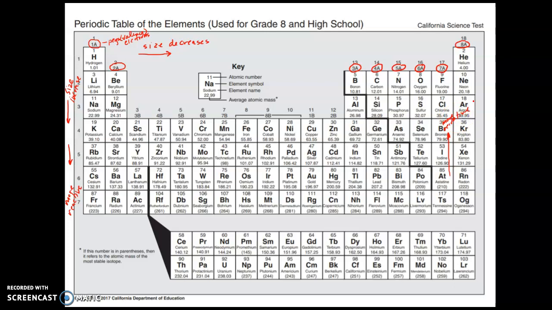Okay. All right. What are some other things that we want to talk about? We want to talk about that these all tend to have a silvery sort of appearance. And if you can just make a note of this little staircase that's right over here, and on your periodic table, if you can note that, we'll just say everything to the left of this, we consider a metal.